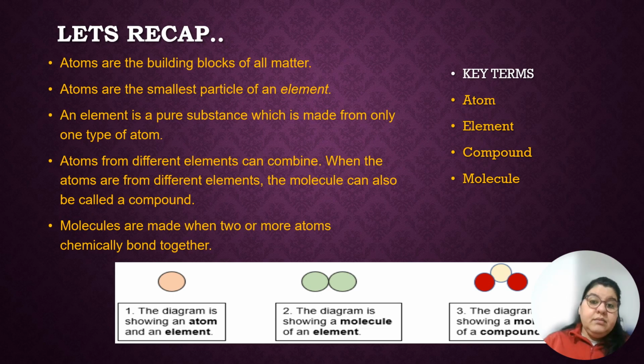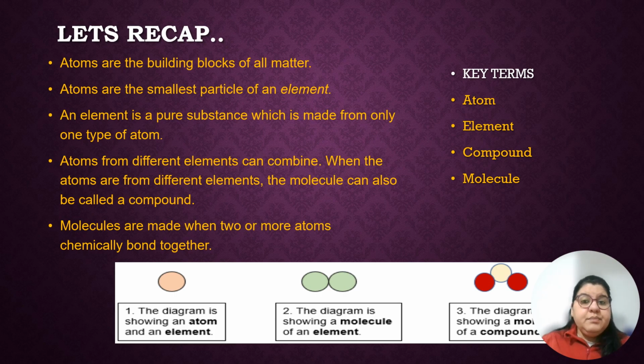Okay, now that we have come to the end of this topic, let us recap to see if we can understand all the learning objectives we read at the beginning of the class. Can you all understand that atoms are the building blocks of all matter? Atoms are the smallest particle of an element.